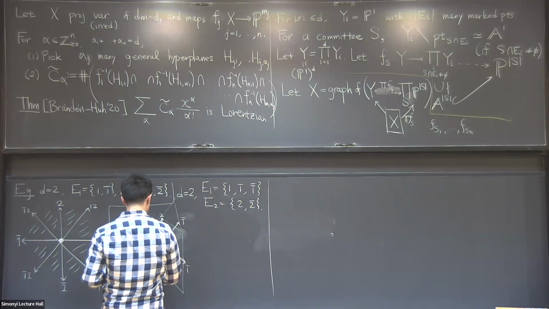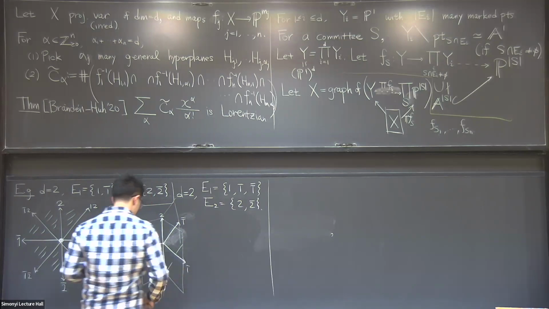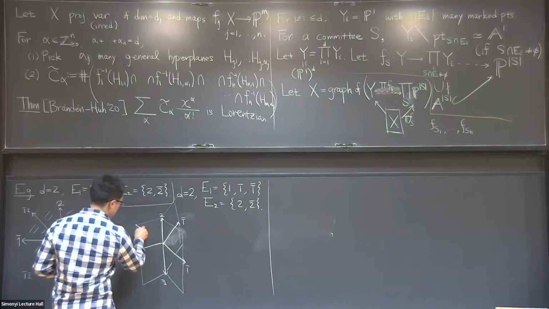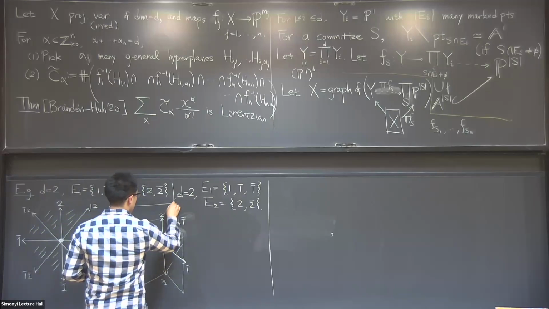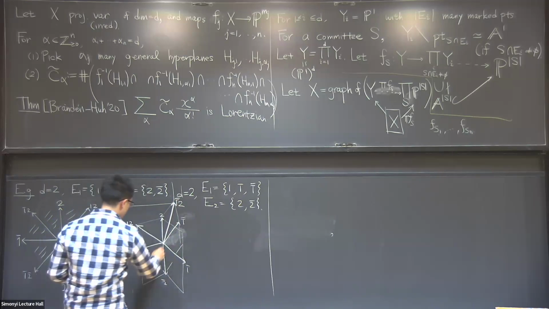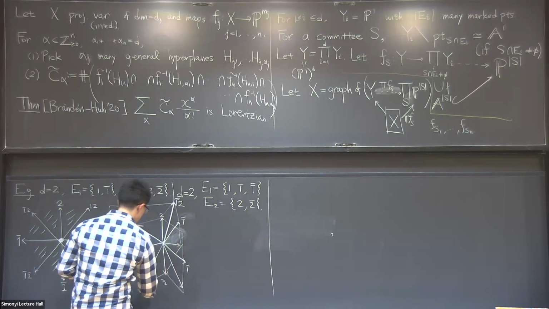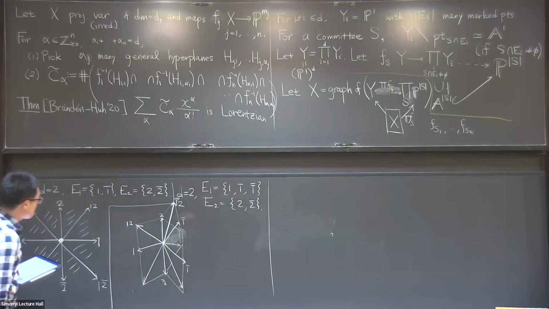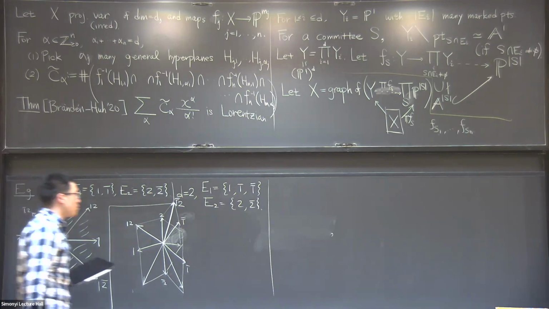I haven't drawn in all the rays yet; there are a few more missing. For instance, there should be a ray for 1 2, 1 bar 2, and so forth. Let me not label all of them, but at least I'll mark them in, although when you mark them in it's less clear what I drew. It's like three panels glued along a single line. So it's some sort of polyhedral object.